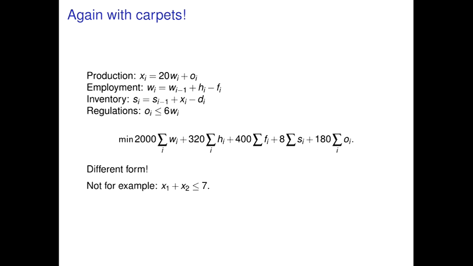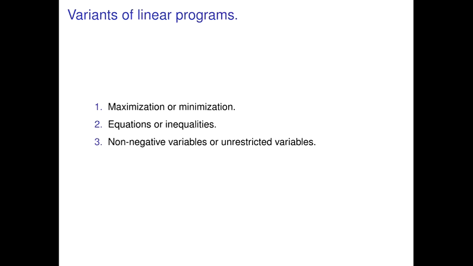I said things like there's an inequality where some linear function over here is less than something over here, and I was trying to maximize. That was Prasad's example. So the question is, are these actually very different? Is it a totally different problem when you have different kinds of constraints?